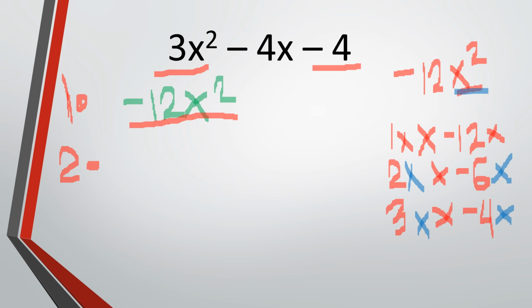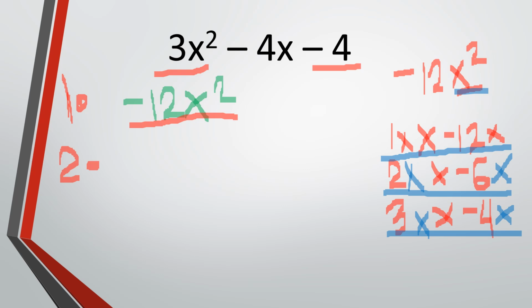Now, all these pairs have a product of negative 12x squared. But among these pairs, we will find one pair in which the sum is negative 4x.